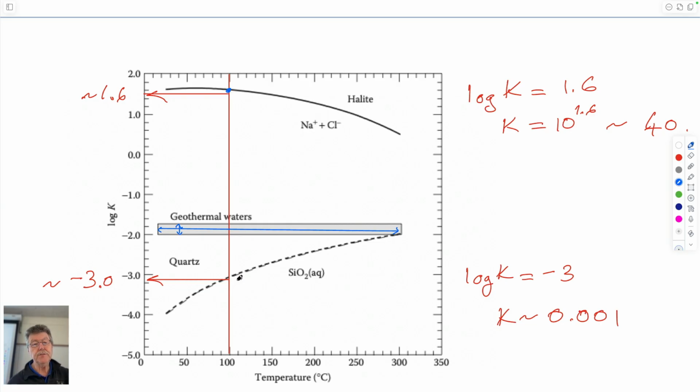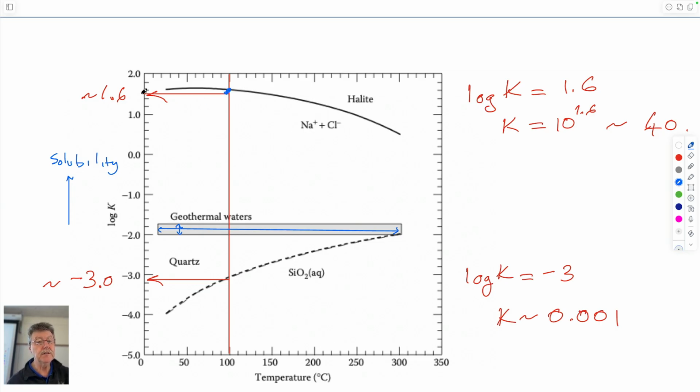As you increase temperature, the solubility of quartz increases. So this is increasing solubility. So water would progressively take more and more quartz as you heat it up. And halite is the opposite. It takes less and less halite as is able to stay in equilibrium in water as you move up here. And so this would represent the equilibrium solubility of halite at these particular temperatures.